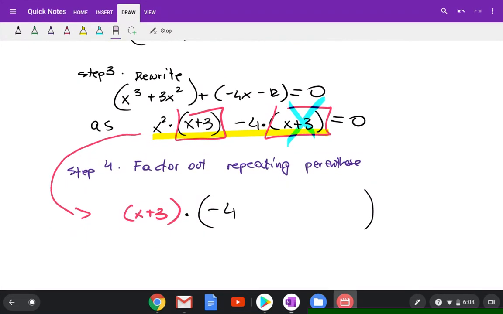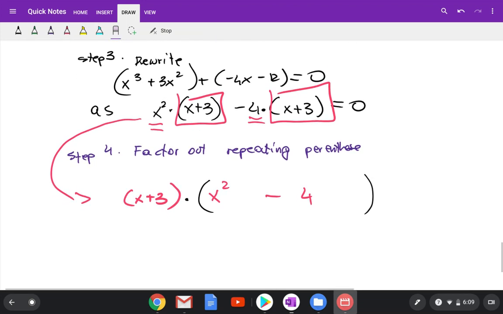So when we factor that x plus 3, what you have left goes in that parenthesis. So we'll have x squared minus 4. And that is equal to 0.